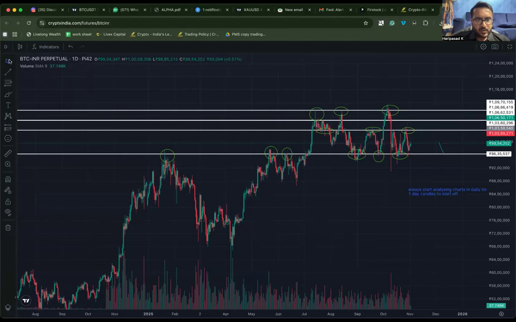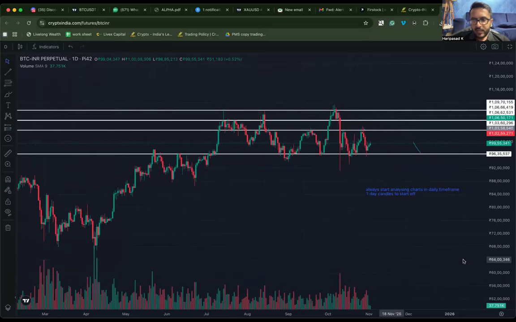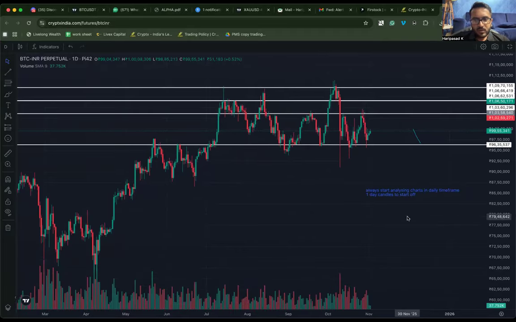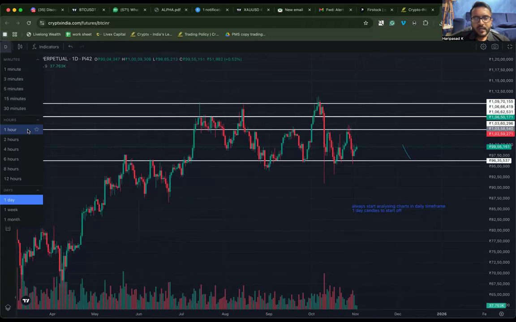Now, next, with respect to Bitcoin, from the daily time frame, whatever I saw, I'm going to switch to the hourly time frame.